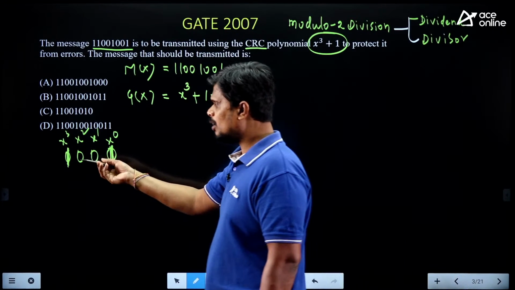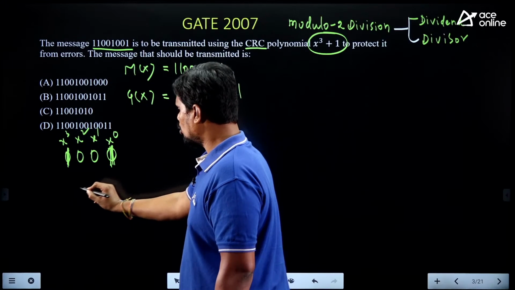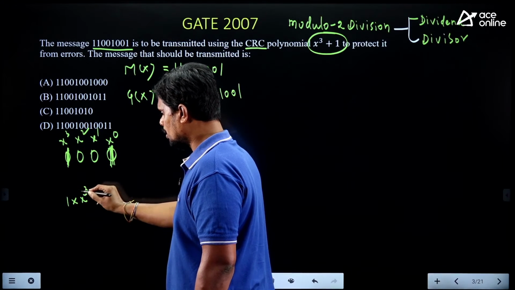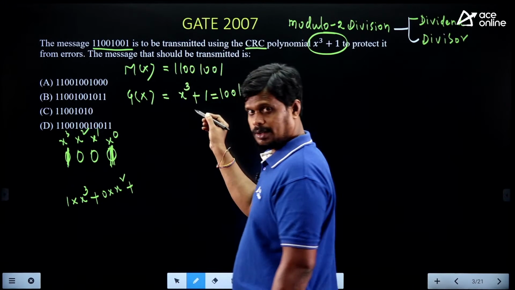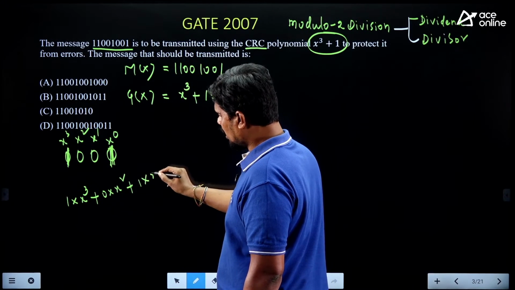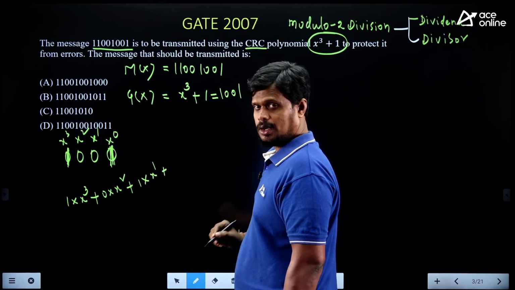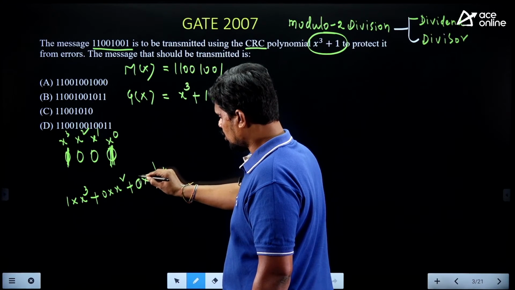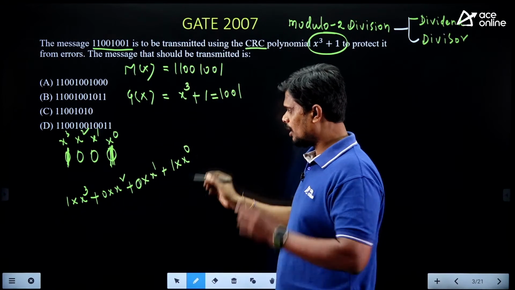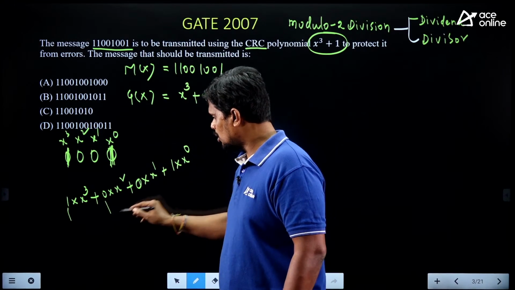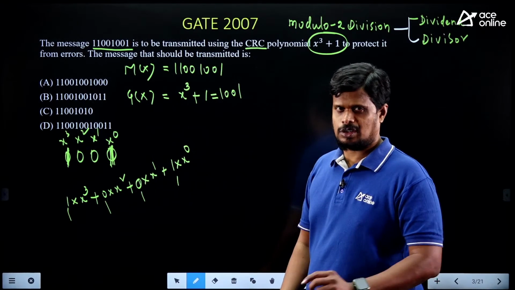This is one method, or else you can write 1 into X cube plus 0 into X square, because X square is not there, plus 0 into X power 1, because X power 1 is also not there, and 1 into X power naught. Like this also you can get 1001 as the G of X.